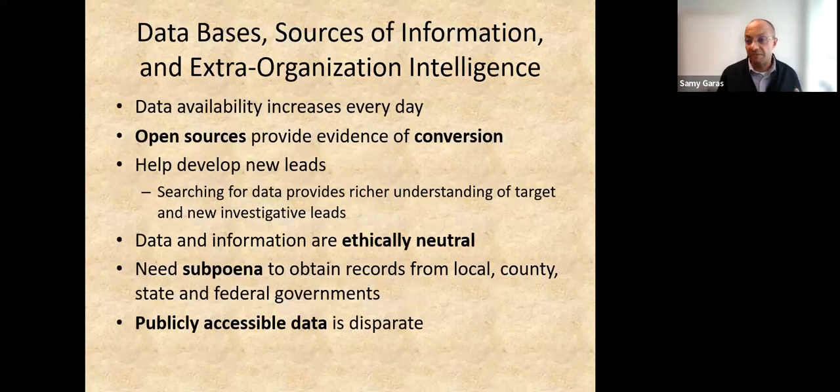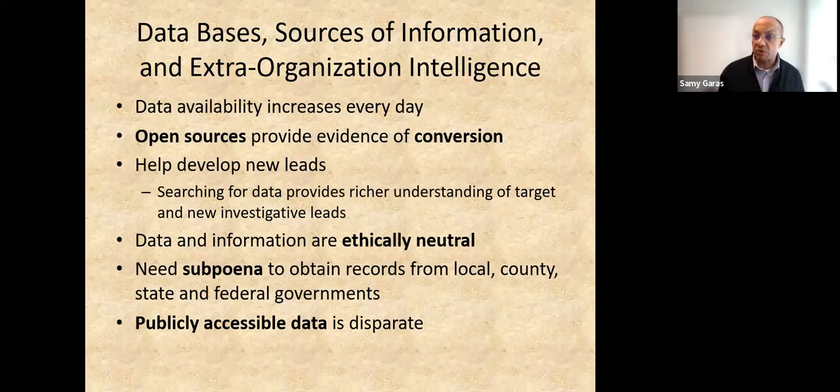How can we find the information? Well, nowadays, with big data and governmental data sets, it can be achievable for the fraud examiner through different databases to find out about those sources of income.